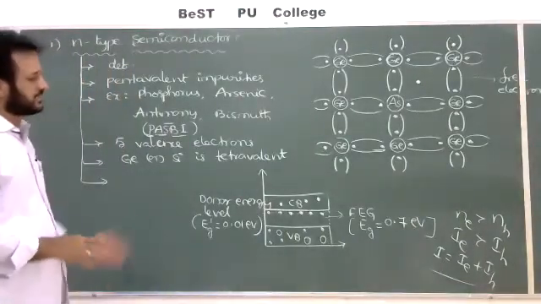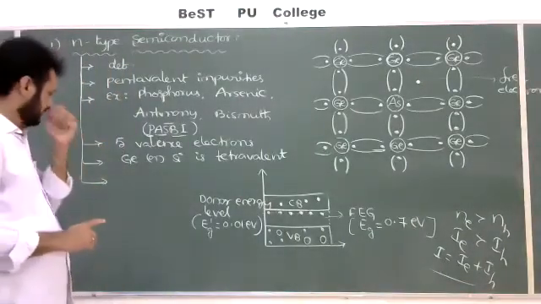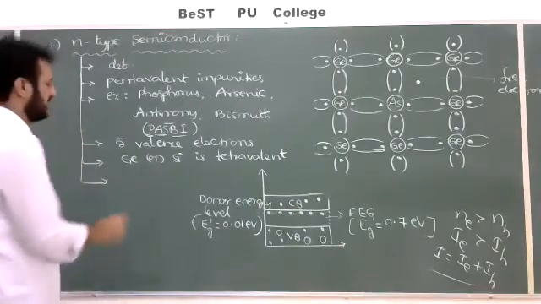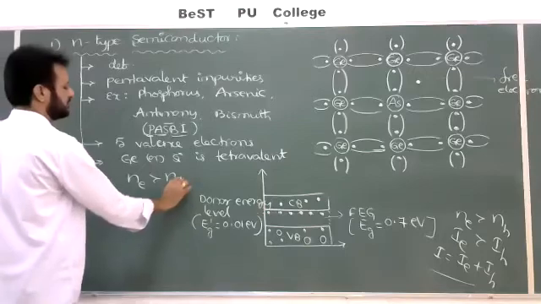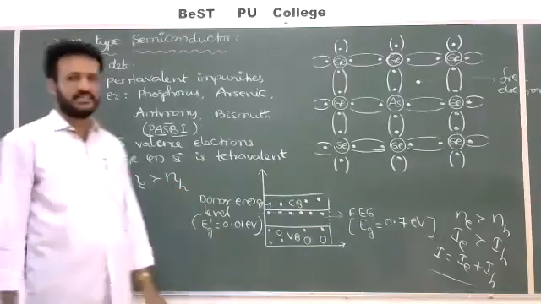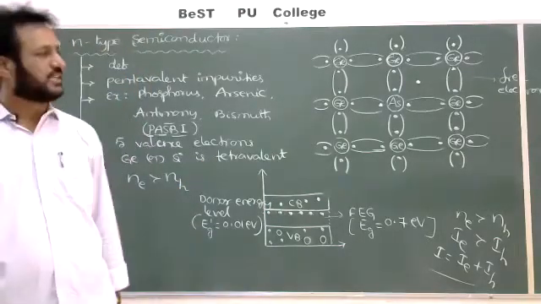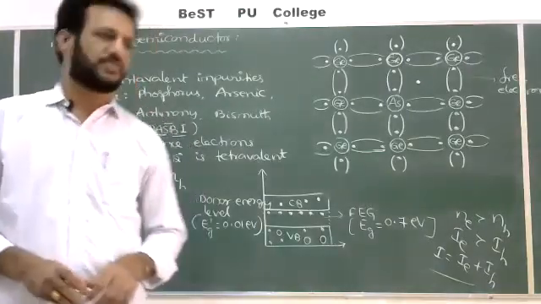Here we can write Ne greater than NH. The number of electrons is greater than the number of holes.